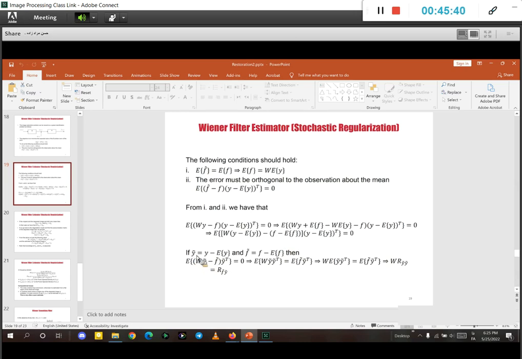If we say y hat, for example, is y minus the expected value of y, and f hat is f minus the expected value of f, we have the expected value of W y hat minus f hat, dot y hat transpose, is 0.